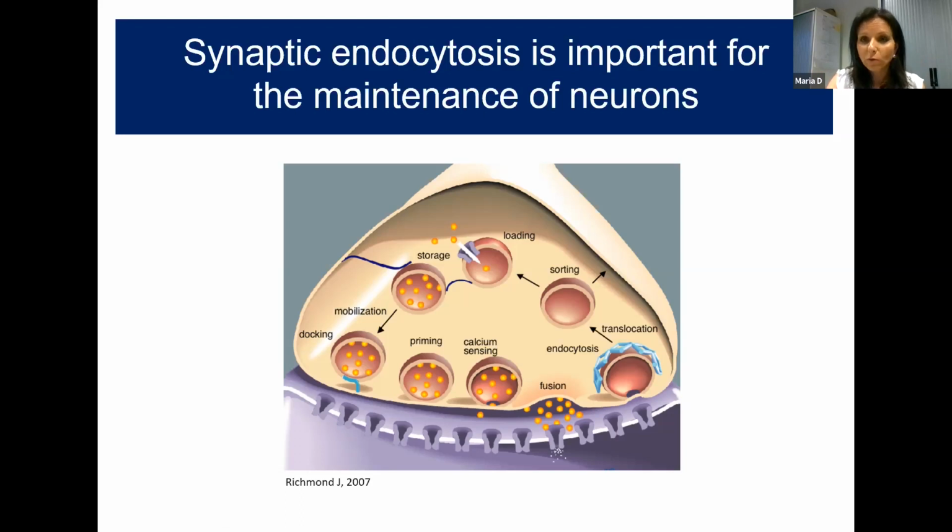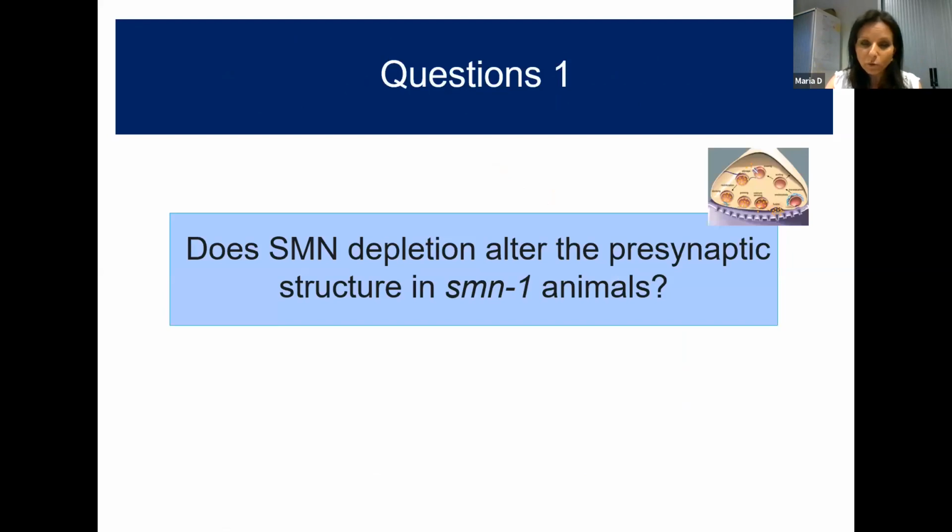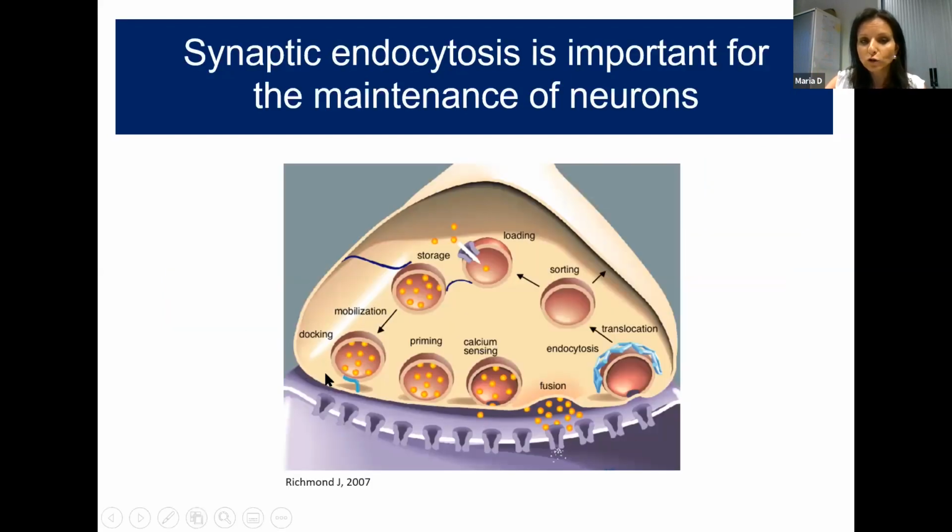So we were thinking whether there's a problem, why endocytosis was coming up in our genetic screen, whether there was a problem with synaptic endocytosis in the neurons. So the first thing we wanted to find out is whether in the C. elegans SMA model, as I told you previously, in the area here, you've got lots of proteins and lots of molecules that take part.